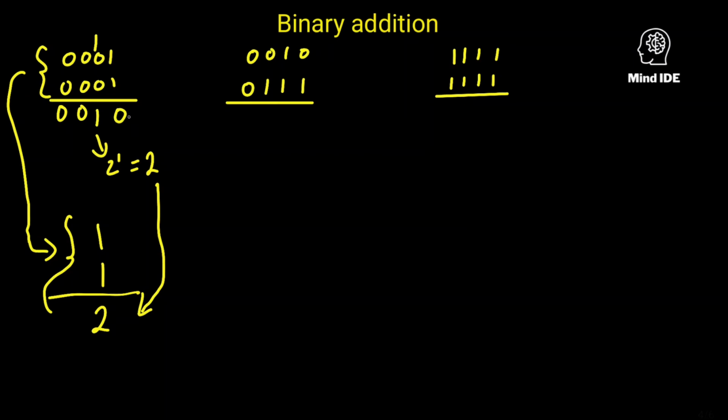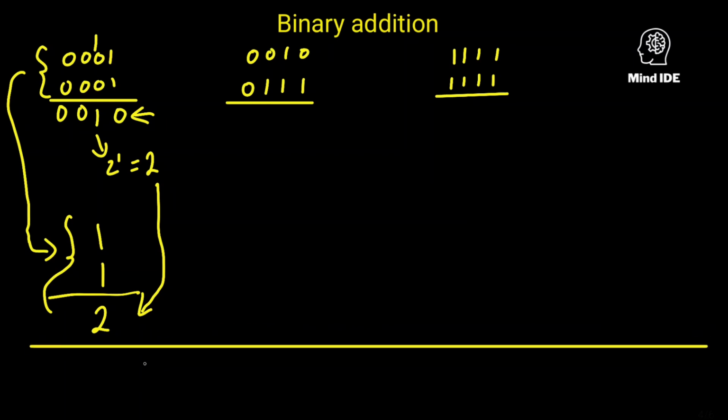Now, why, when we have 1 and 1, does it become 0 down here? It's the exact same thing as, let's say, again, if we're looking at this the same as decimal, you had 119 plus 21.